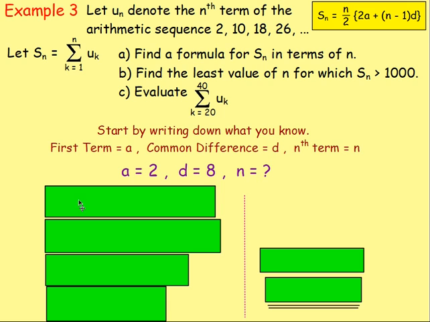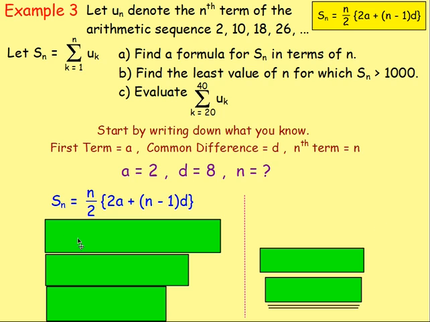So what we can do first is say that Sn is just going to be u1 plus u2 plus u3. It's just the terms added together. And we know to find the sum of an arithmetic sequence or series, it's going to be n over 2 bracket 2a plus n minus 1 d. So that is what we would have.